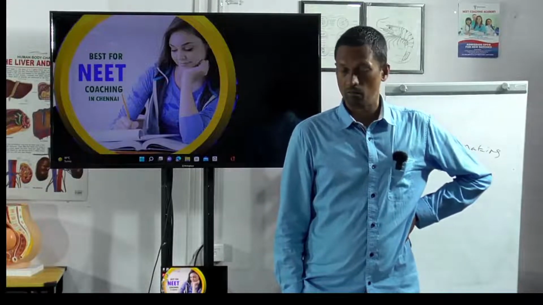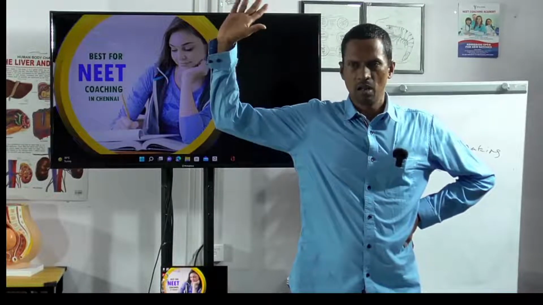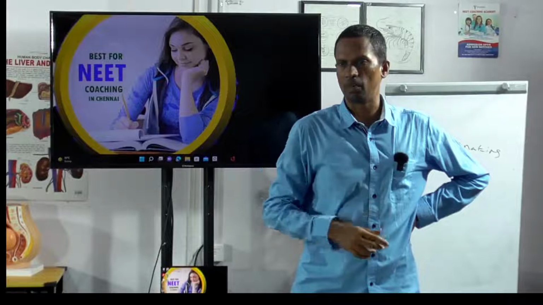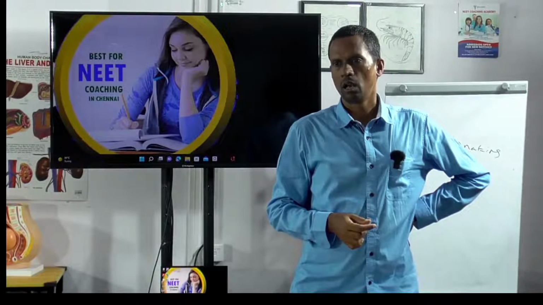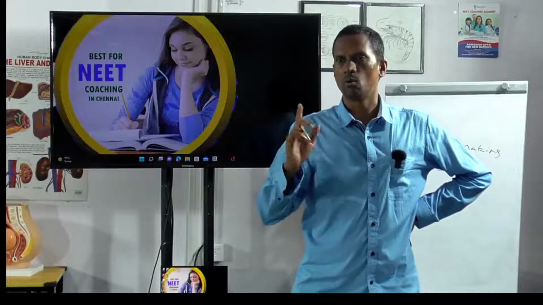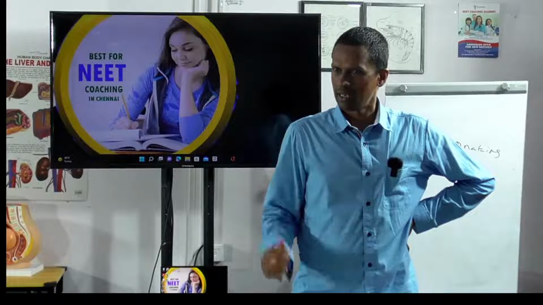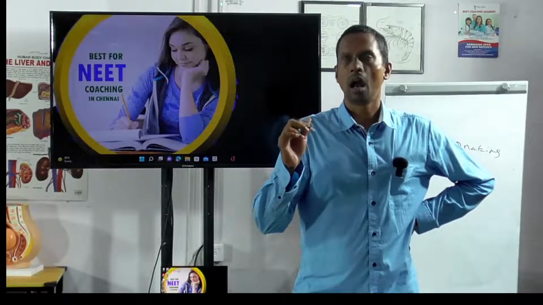What will you substitute for the mass? I am traveling from Kodambakkam railway station to Mambalam railway station. Distance is 1 kilometer, time is 1 minute. So v is equal to dx by dt. What is v now?